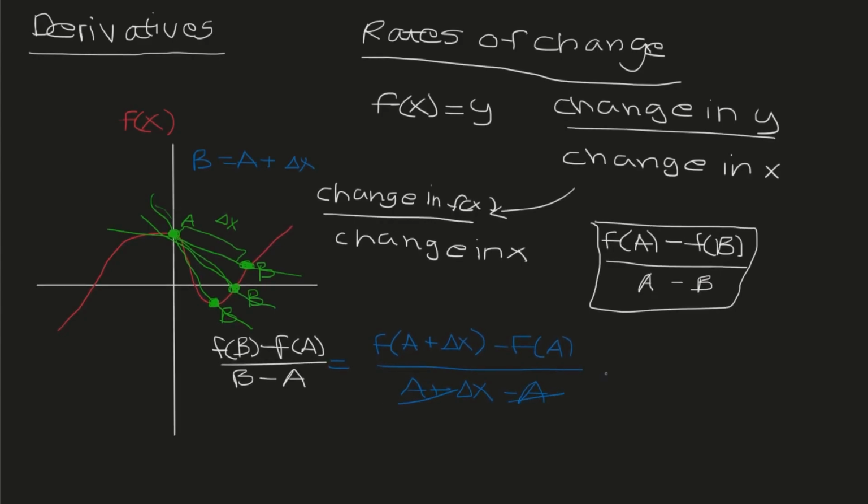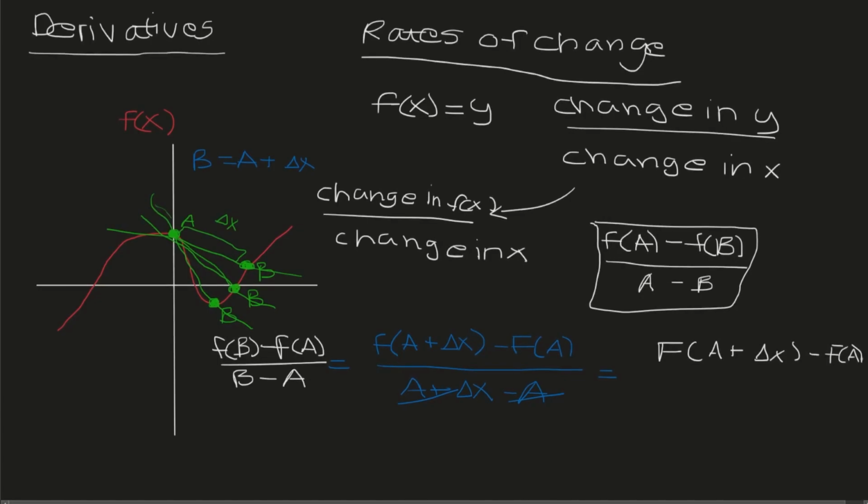A minus a cancels out to be 0, which leaves us with a new equation for the rate of change. And that will be f of a plus delta x minus f of a all over the quantity delta x, since a minus a cancel out right here.